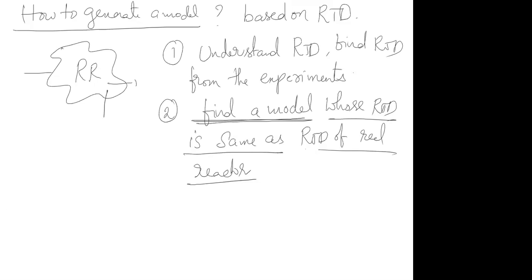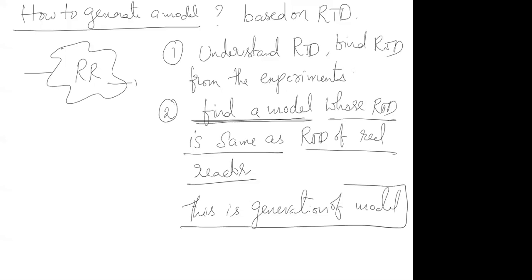Then that model becomes a model for this non-ideal reactor. This is the generation of a model for a non-ideal reactor. Have you understood? This is what you are going to do in chapter 4.